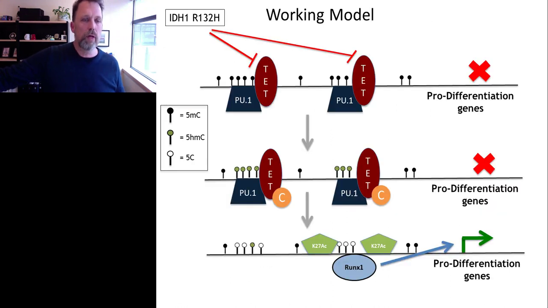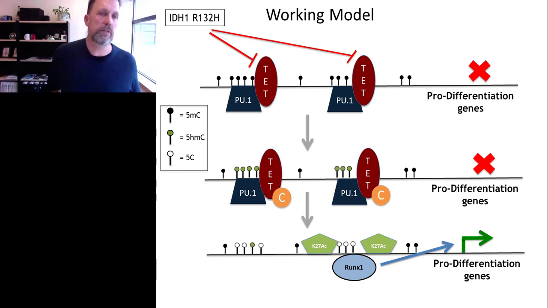And so this is the model that describes that. At the top here, we see PU.1, which is bound to methylated DNA and recruits TET2. In the presence of this gain-of-function IDH R132H mutation, shown on the top left-hand side of the slide, TET2 is inhibited, and then the pro-differentiation genes are not transcribed.